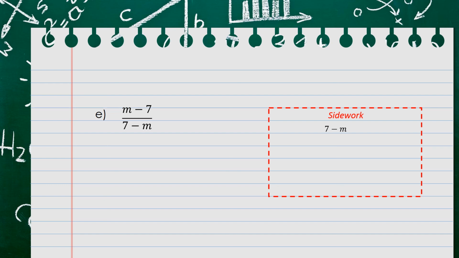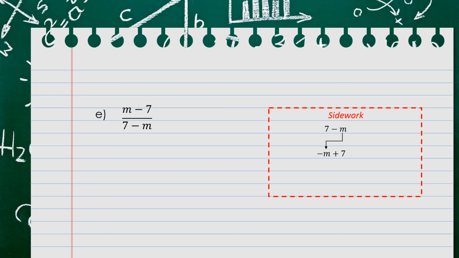So what we are going to do is reorder this. We're going to take the m, the variable, and move it to the front. Now if I move it to the front, it has to keep the appropriate sign. Is m positive or negative? Because it's negative, when we rewrite it, it becomes negative m plus 7.